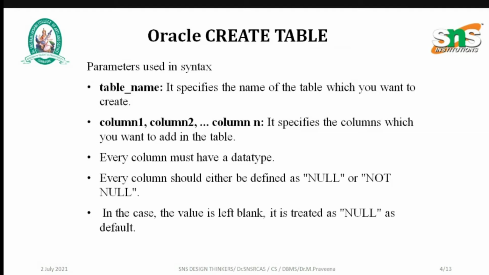Example, for register number we can use varchar, whereas for date and time we can use date, and for numeric we use number. Every column should either be defined as null or not null. Mostly we have to define it as not null because we have to give data for each column. In case the value is left blank, then it is treated as null.